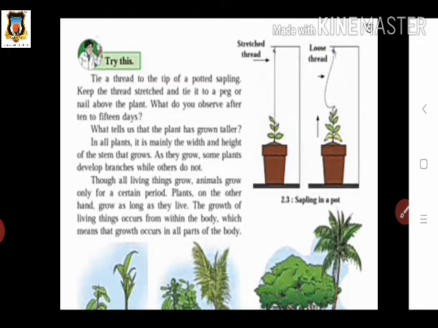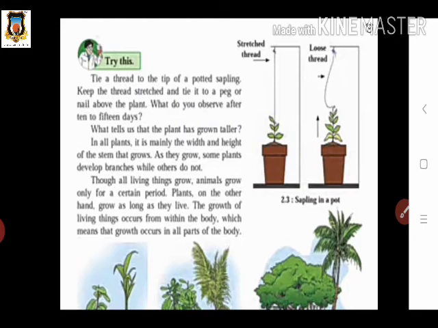Though all living things grow, animals grow only for a certain period. We know that all living things have the characteristic of growing, which means all living things have the ability to grow, but animals grow only for a certain period. After a certain period their growth stops. On the other hand, plants grow as long as they live.